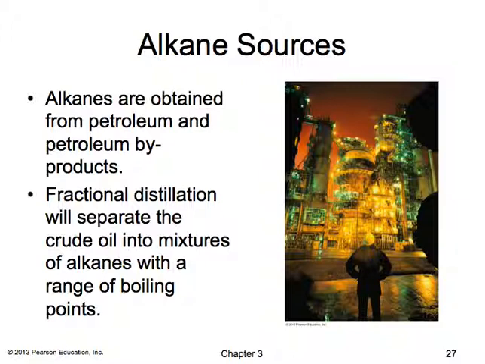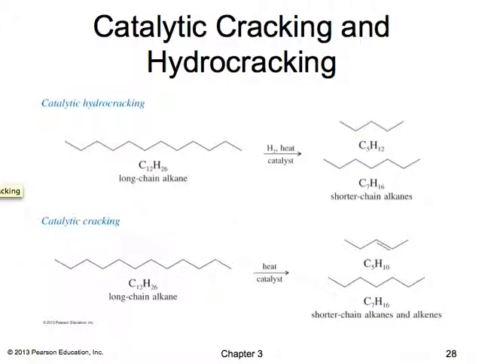In terms of alkane sources, alkanes are obtained usually from petroleum and petroleum byproducts. Fractional distillation will separate the crude oil into mixtures of alkanes with a range of boiling points. Catalytic cracking or hydrocracking is utilized to generate short chain alkanes from long chain alkanes. So you can take long chain alkanes in the presence of hydrogen, heat, and catalyst.